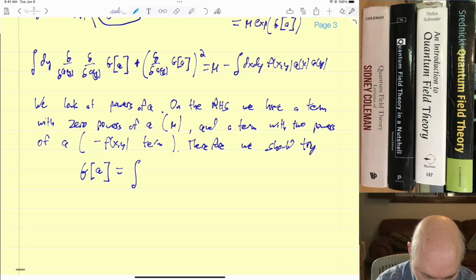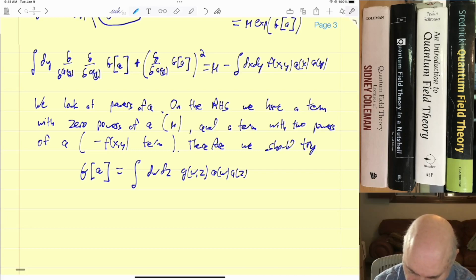I'm going to use different letters here. And again, we assume G is symmetric, just like F was assumed symmetric.